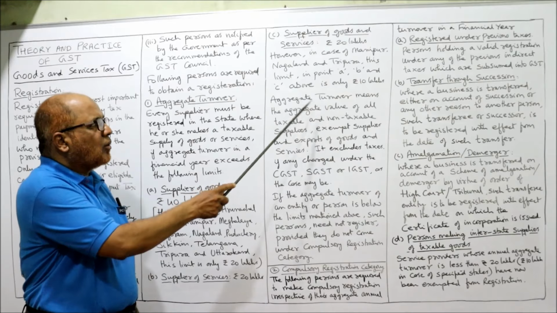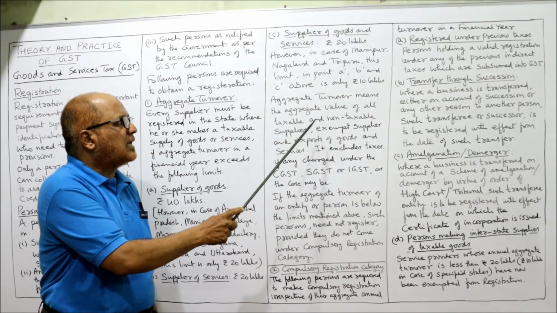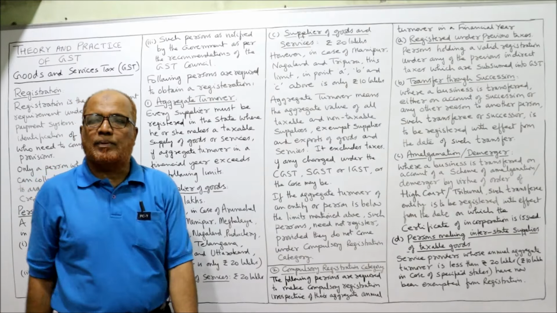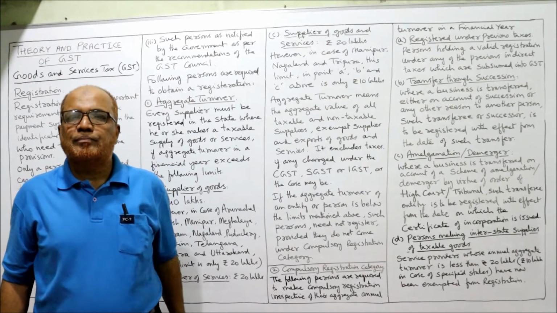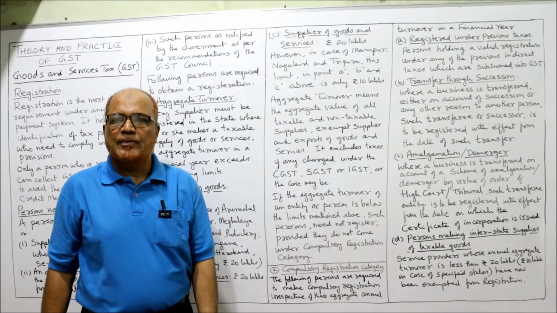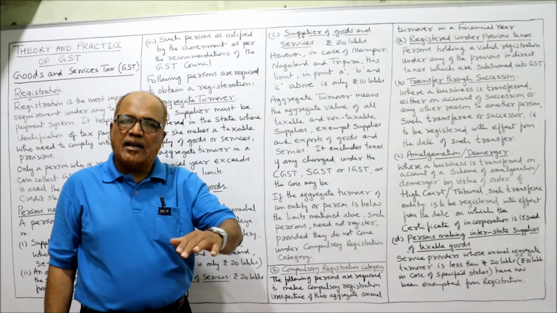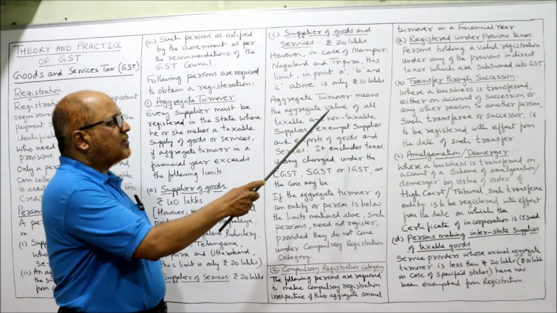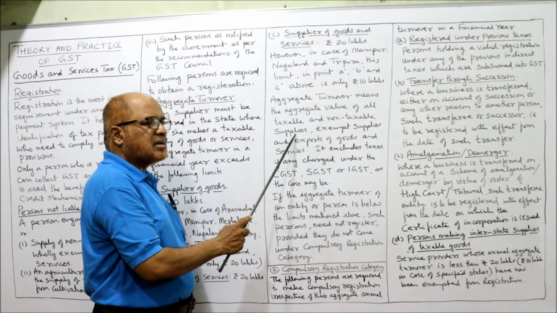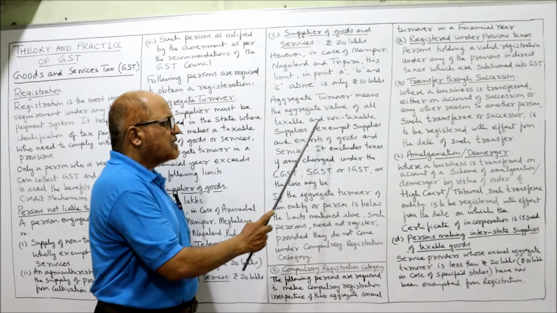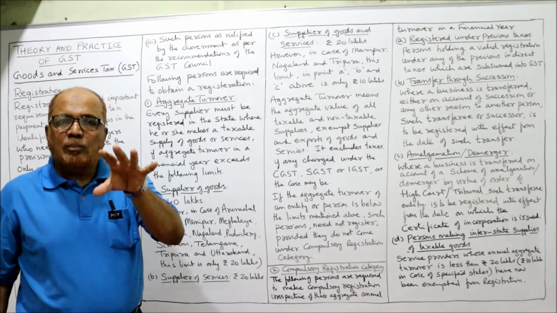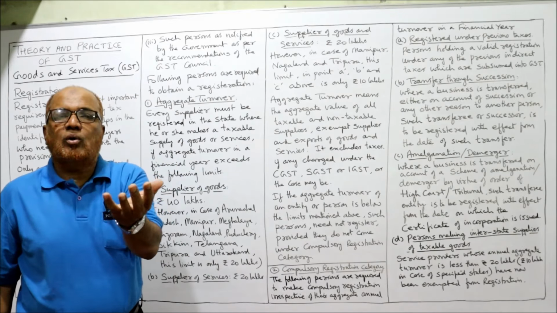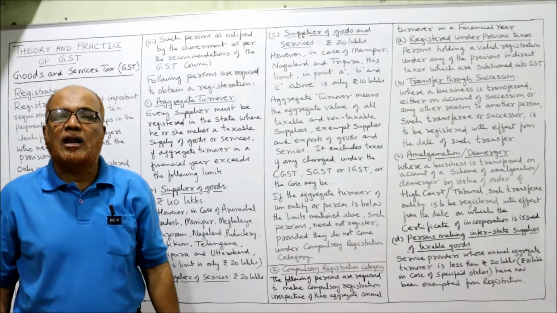Now, aggregate turnover means the aggregate value of all the taxable and non-taxable supplies. Now, a student should be clear regarding what is the meaning of the term supply, aggregate supply. So, aggregate supply means all the supply of taxable and non-taxable supplies, exempted supplies and export of goods and services. All these things should be clubbed together in order to find out aggregate turnover.